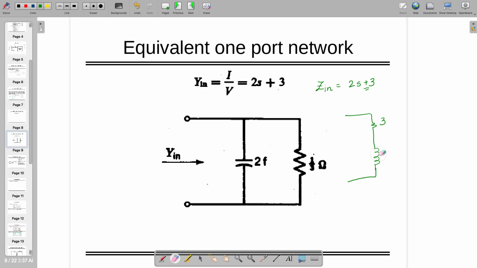Okay, right? Wrong or yes? If it is 1 by that, this is 2s Laplace operator. How are we keeping this? Inductor or capacitor? Inductor is the correct answer or wrong answer? Right? So 2s plus 3.